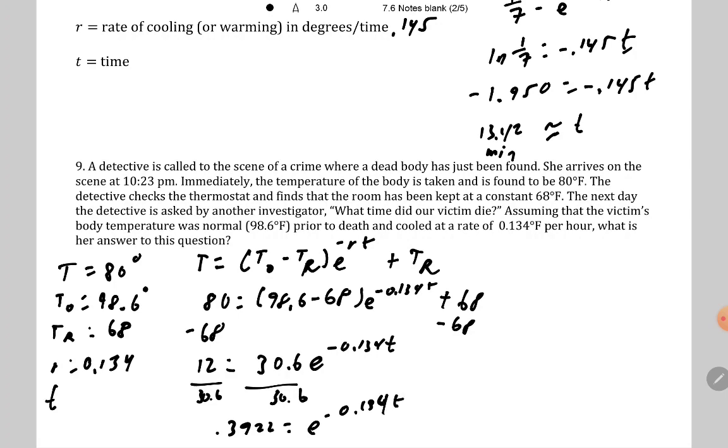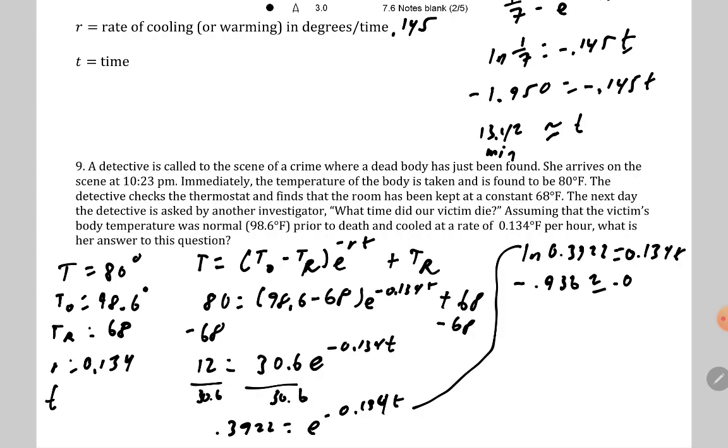Take the natural log of both sides. So move it up here. Negative 0.936 equals negative 0.134 t. Divide, and we'll get t is about 7 hours.